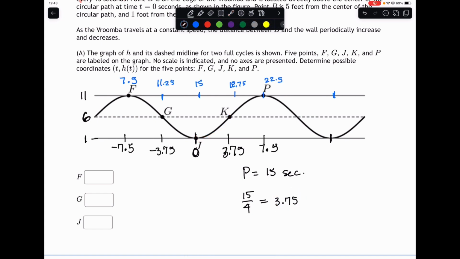Another perspective is if I start right here at 0, then this x value would be 3.75, and then adding another 3.75 would get me to this x value. So f can also have the x value of 3.75, and continuing it will give me these x values as well. Okay, so that's just a different perspective. So we have two possible correct ways of representing the x values for f through p.